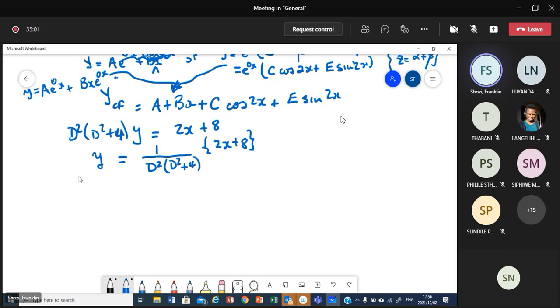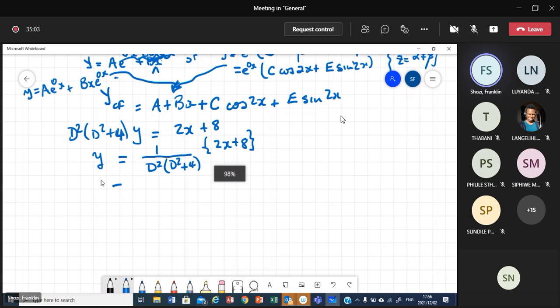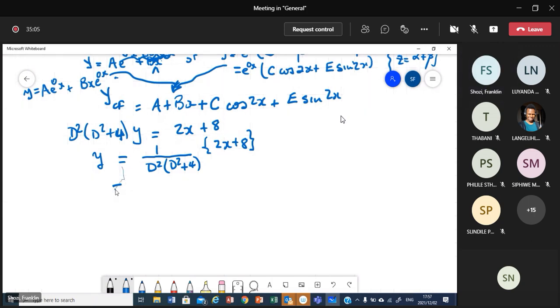That can be rewritten as 1 over D squared, I leave it out. Then 1 over, if I take 4 as a common factor there, I will have 1 plus D squared over 4, on 2x plus 8. That becomes 1 over D squared.